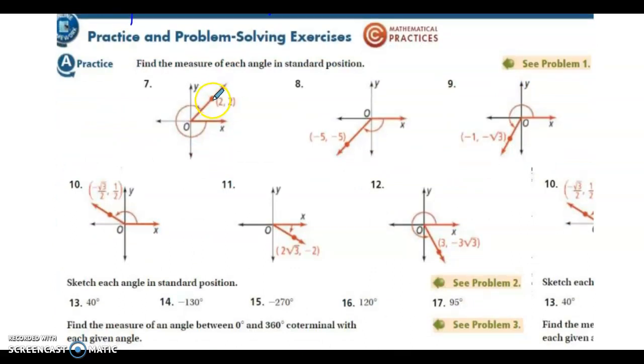So every time on 7 through 10, you're going to bring that line down to the x-axis, up to the x-axis. So always taking it to the x-axis, because that'll show us what that angle around the origin is. Now number 11 and 8, notice how the angle is going backwards. Remember, that signifies that it's going to be a negative answer.